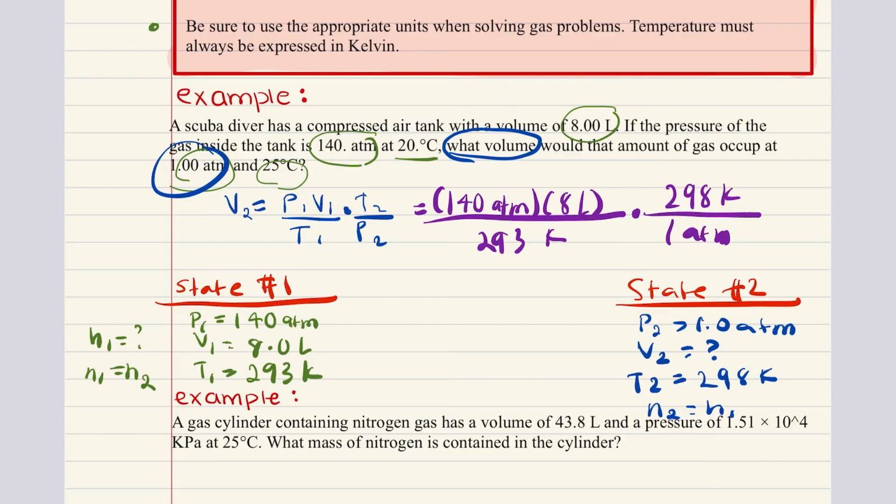If we plug this into the calculator, what we're going to get for V2 is 1,139 liters. Okay, wonderful. So we went ahead and we solved this problem using the combined gas law. Let's do this next problem.